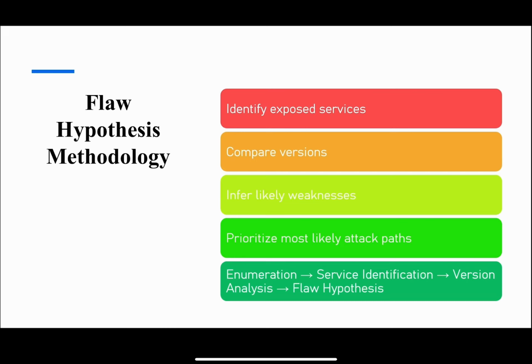In this lab, the methodology showed that Kioptrix 1 was running multiple outdated services, especially Samba, Apache, OpenSSL, and mod_ssl. Based on these results, my flaw hypothesis was that one of these legacy services could likely be exploited for unauthorized access and potentially root privileges.